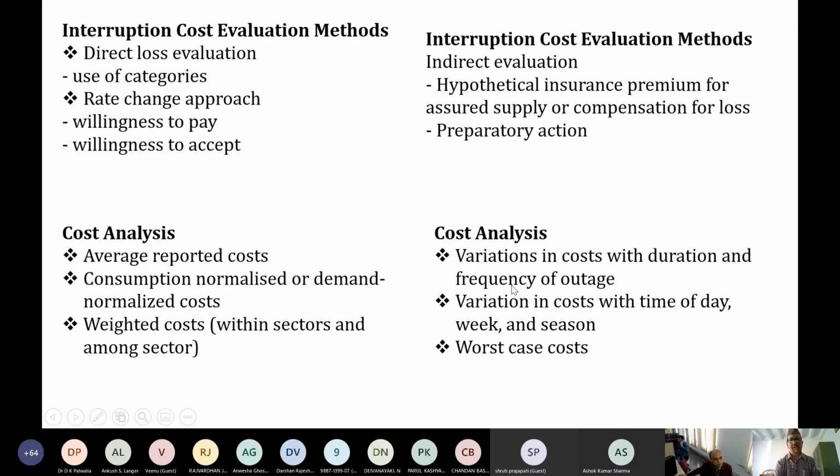Similarly, we will also see the variation in cost with duration and frequency of outage.